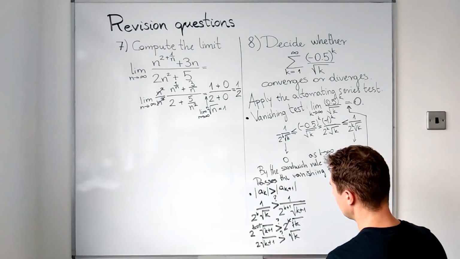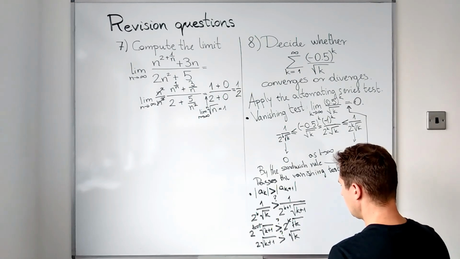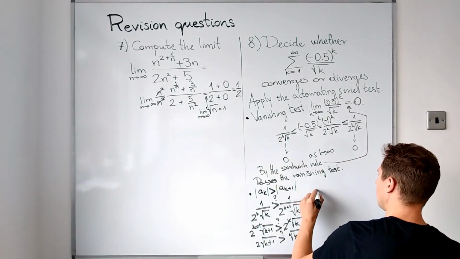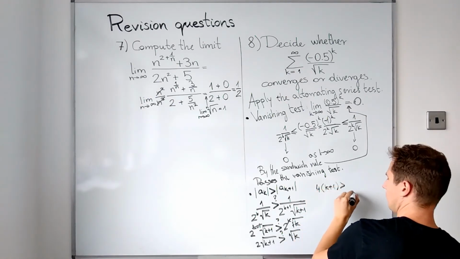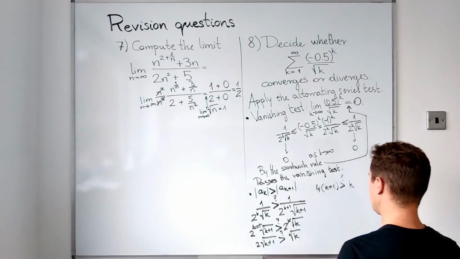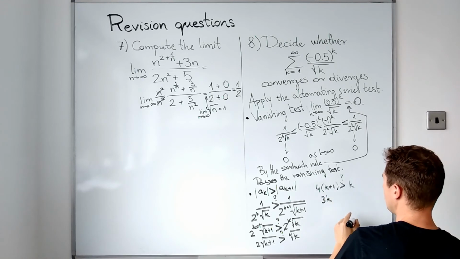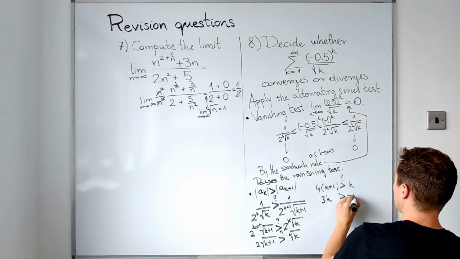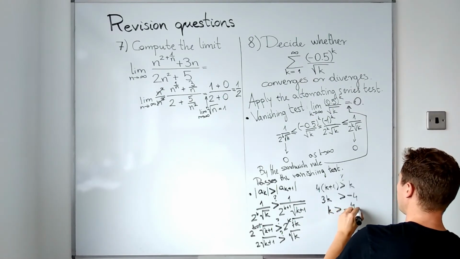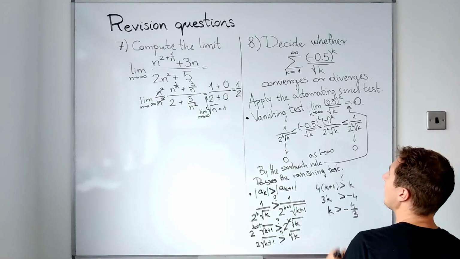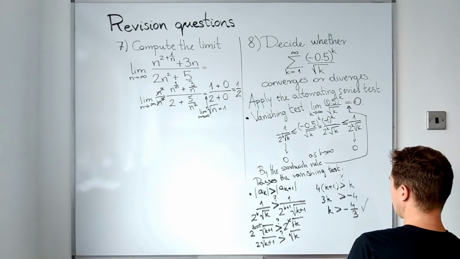If you are still unconvinced, you can square both sides of this inequality. Since we have positive numbers, it should be the same inequality if it's true. By rearranging this inequality, you will get that 3k should be greater than -4, or k should be greater than -4/3. And k starts with 1, so it is definitely greater than -4/3.